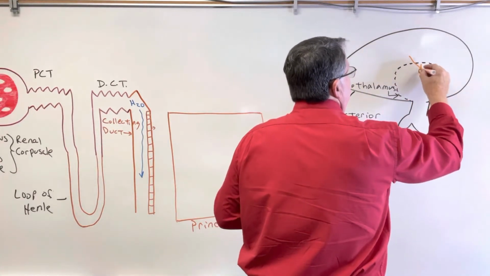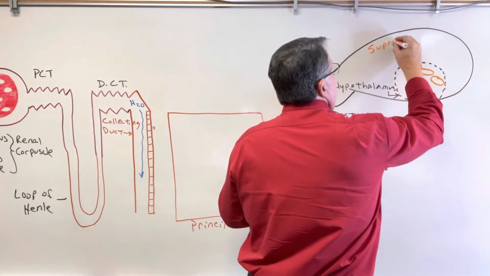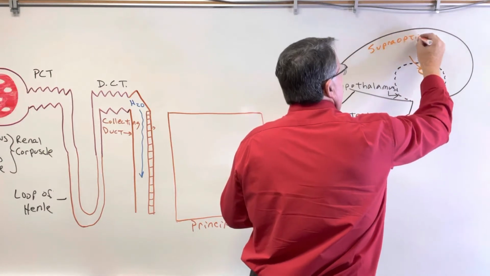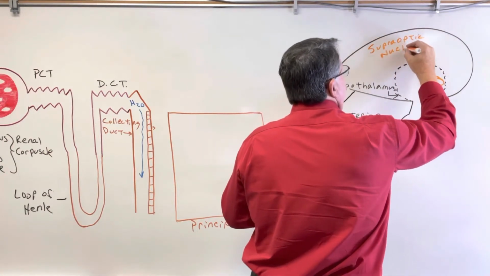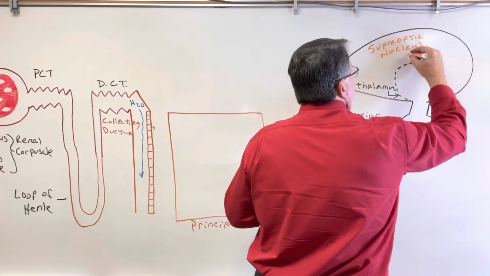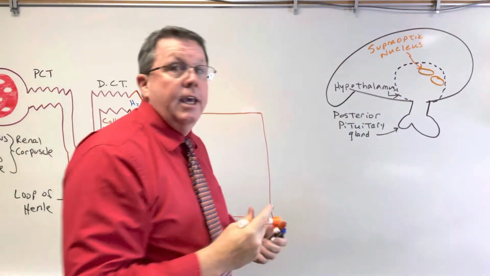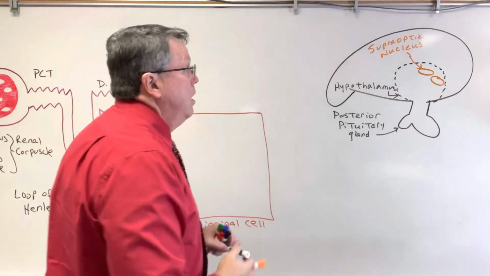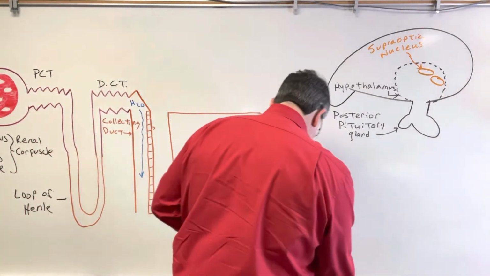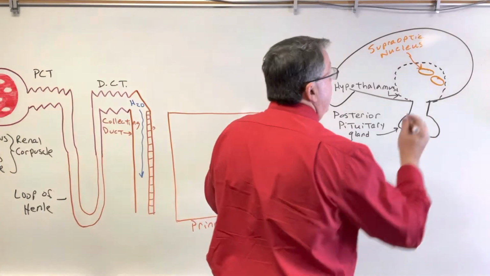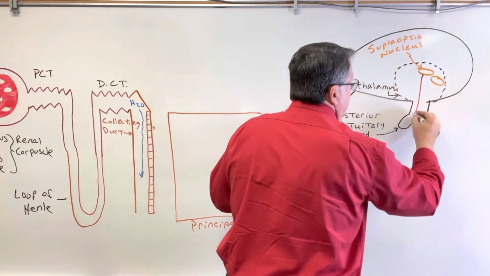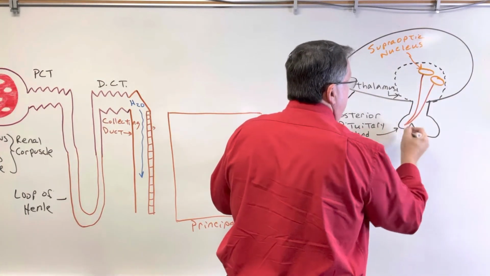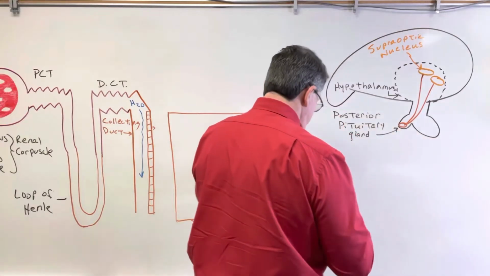And we're going to call this the superoptic nucleus. Okay, that's the superoptic nucleus. And guess what it's going to make? It's going to make ADH. So, these nuclei actually have axons that come down, and they're going to come into this posterior pituitary in here.